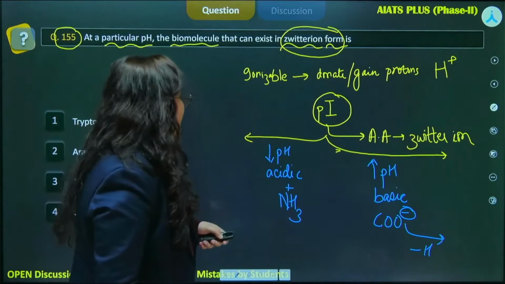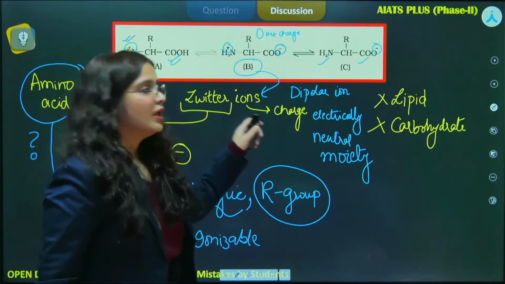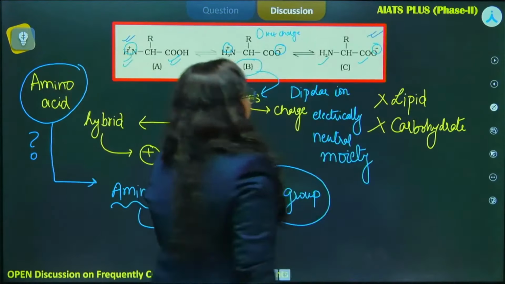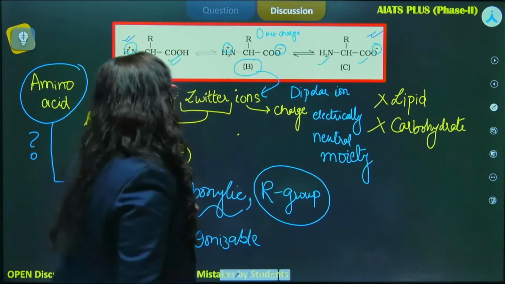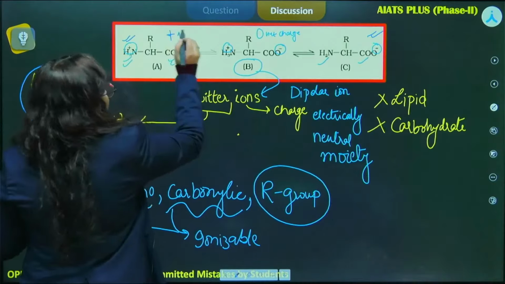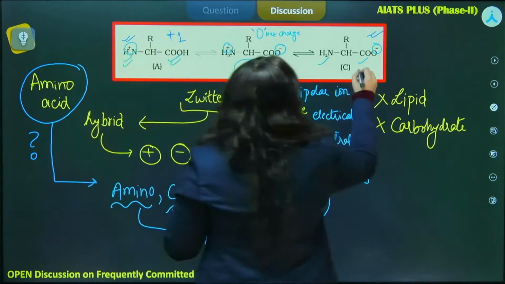And this is what exactly is happening here also. We can see we have a positively charged molecule and we have a negatively charged molecule. And if asked what is the net charge over these molecules, then our answer will be here it is +1, here it is 0, as already discussed, and here it will be -1.